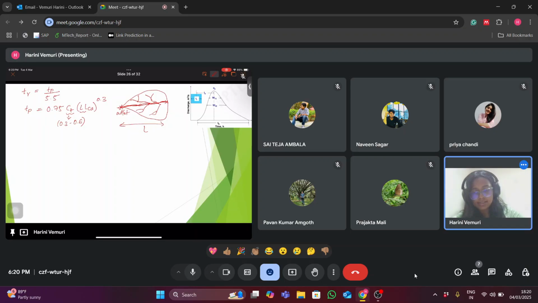And LCA is the distance from the outlet to the point on the stream which is closest to the centroid of the basin. So suppose for this basin the centroid is lying here. This is the centroid point. Then we identify the closest point on the stream to this centroid. Suppose this is the point. Then this length on the stream is called the distance from the outlet to the centroid of the catchment.